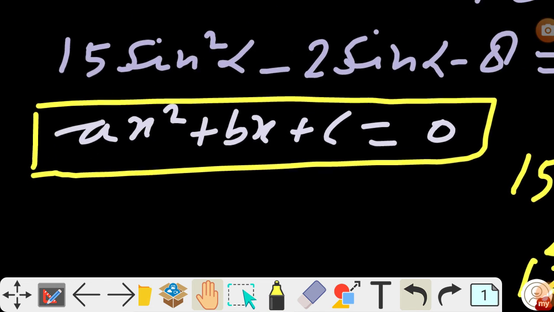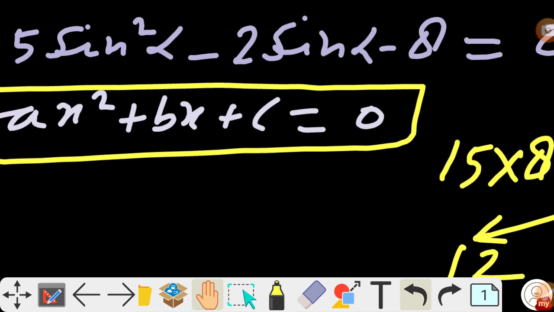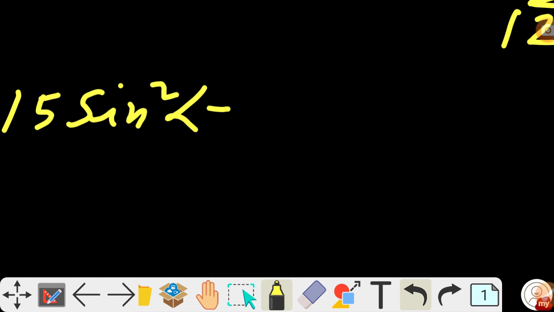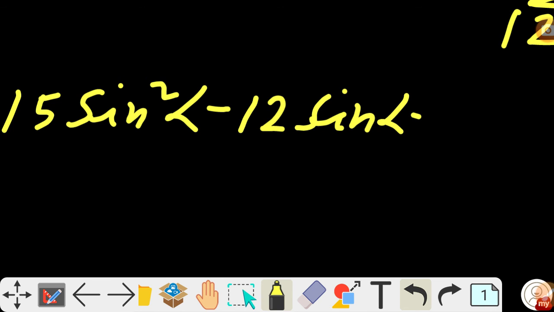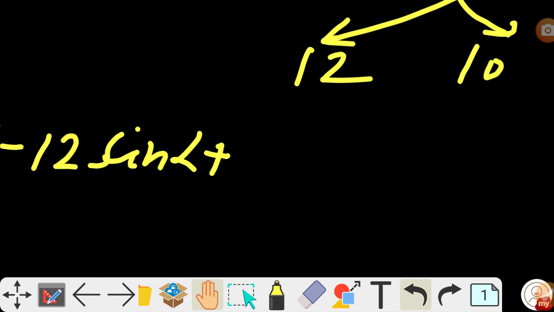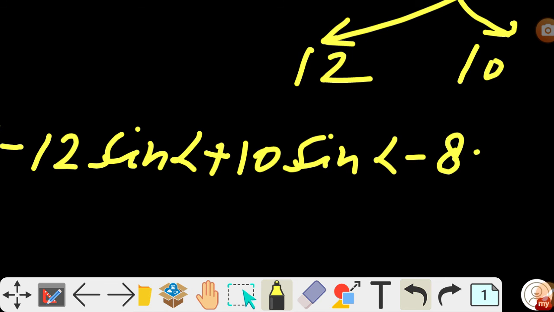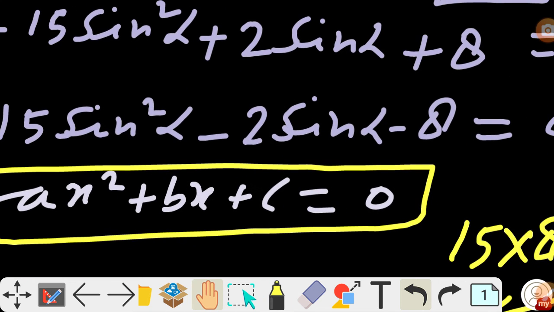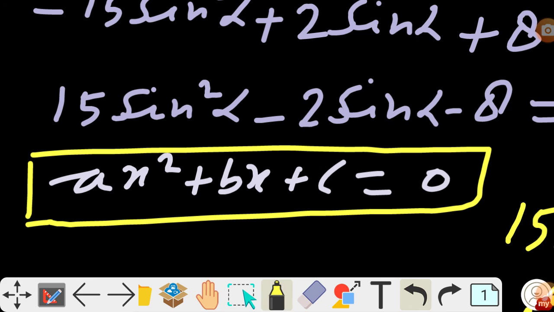So here 15 sin square alpha minus 12 sin alpha plus 10 sin alpha minus 8 equal to 0. Why do we take here minus 12 sin alpha? Because we need the value which is minus 2 sin alpha.